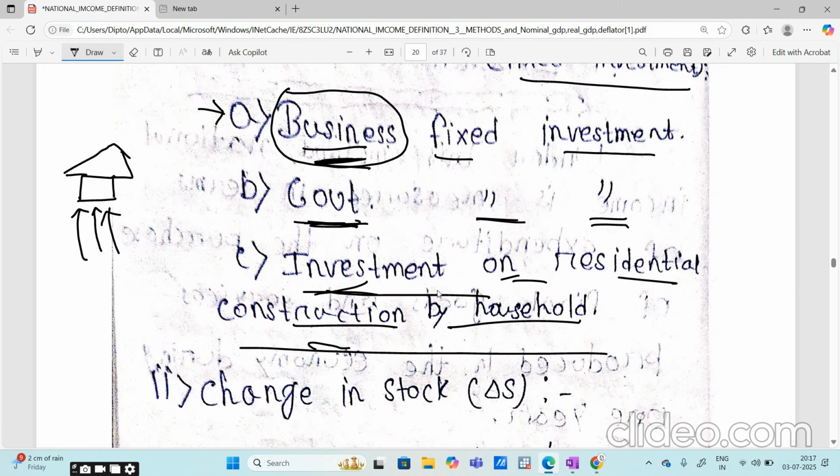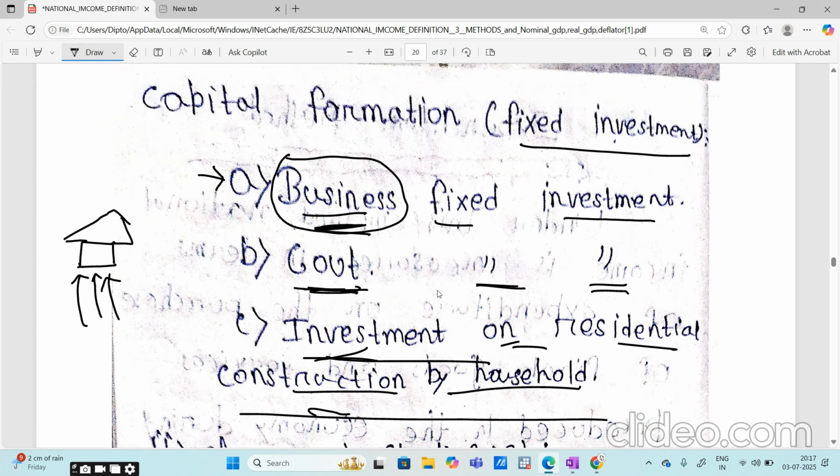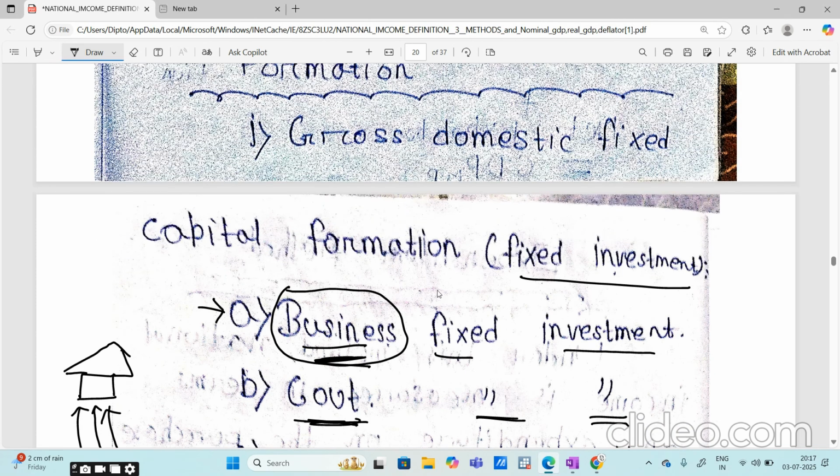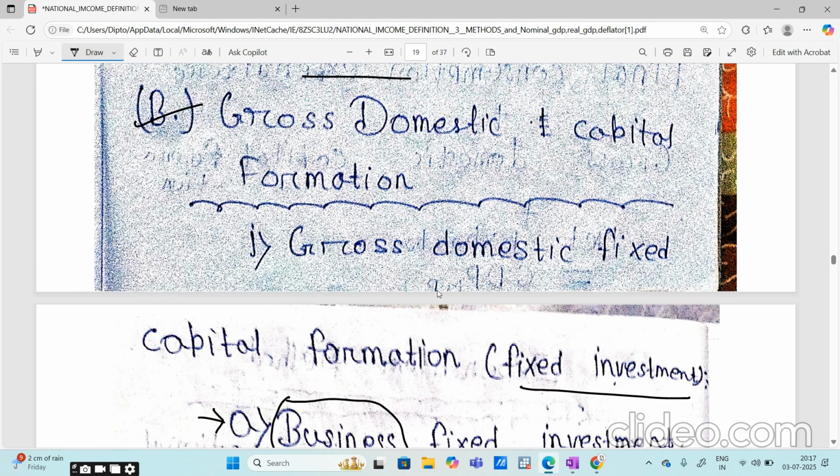Because for making this house, I have to buy cement and multiple different things, and the demand for those products will rise in the market. That's why economic fluctuations will happen, and whenever economic fluctuations are happening, that can be treated as investment. That's why investment on residential construction by household is a part of the gross domestic fixed capital formation.